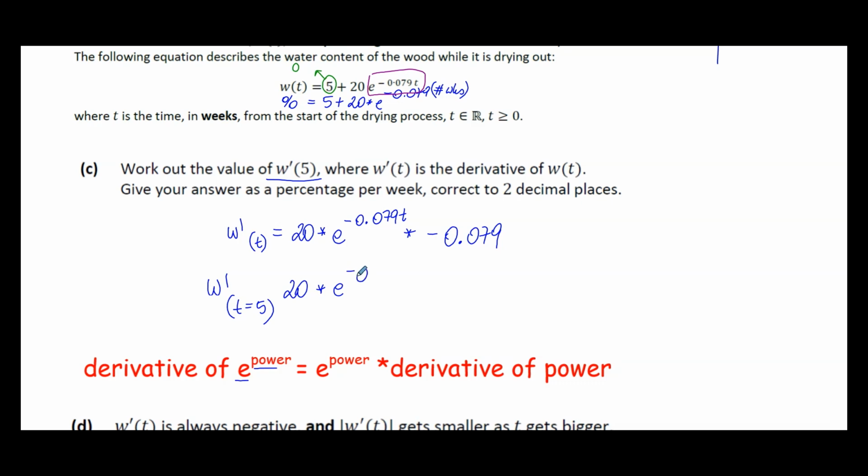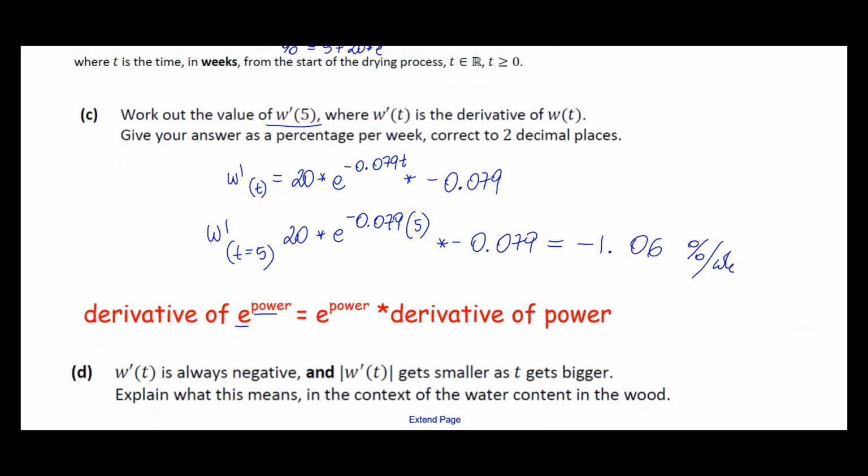And that's minus 0.079, and instead of t, we put in 5. And then multiply by minus 0.079. And we put all of that in the calculator and we get a value of minus 1.06. That is the rate of percentage per week at that specific point.